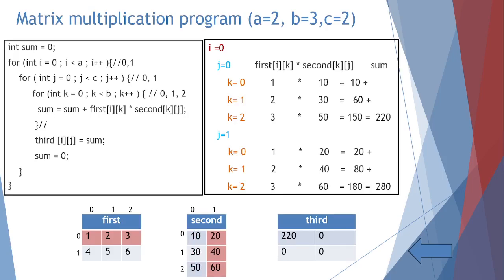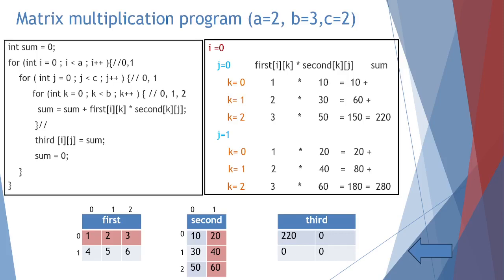Then j becomes 1. When j becomes 1, again we'll see first of I, k. I is 0 only, k is 0, 0, 0, 0, 1, 0, 2. That means from first, we are accessing horizontally the very first row, 1, 2, 3.